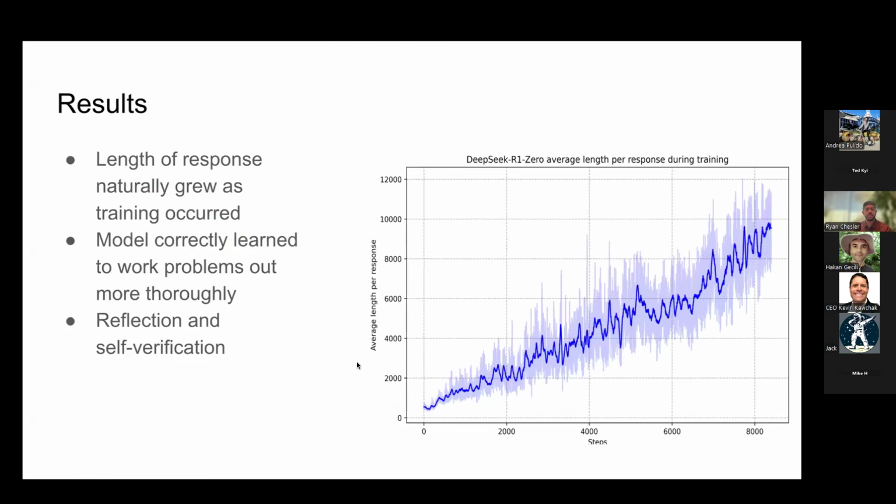So one of the interesting things that they found from this was that as they were training, the length of the responses got longer and longer. Initially that thinking token region was relatively short. And as it trained for more steps, it realized, oh, I can use this as a scratchpad and think through the problem and go through and backtrack and reflect and self-verify and see, okay, I did get the correct answer.